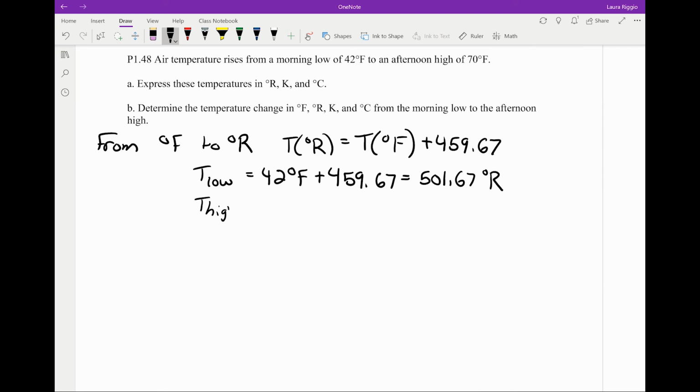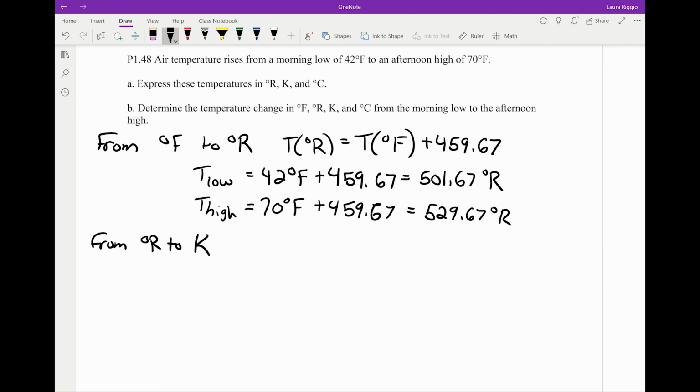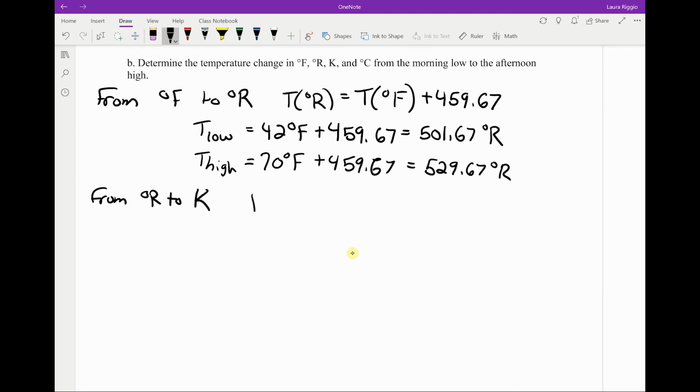And our high is 70 degrees Fahrenheit plus 459.67, which is equal to 529.67 degrees Rankine.